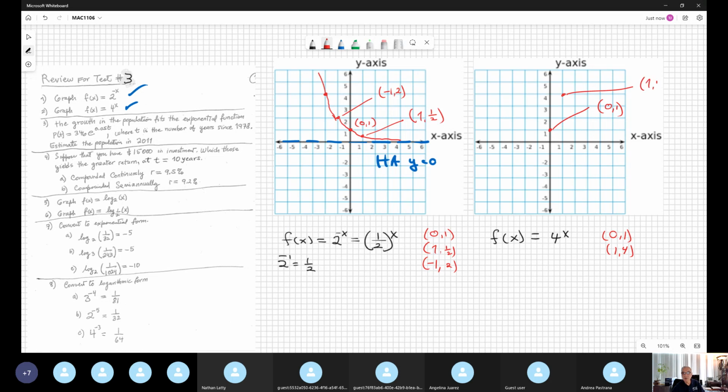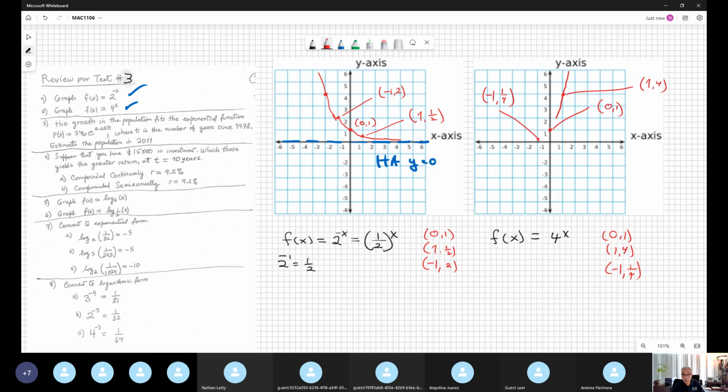This point is 1,4. And -1, 1 over 4. Using our imagination, it is half of the half, approximately. This is the point -1, 1/4. So we have 3 points.